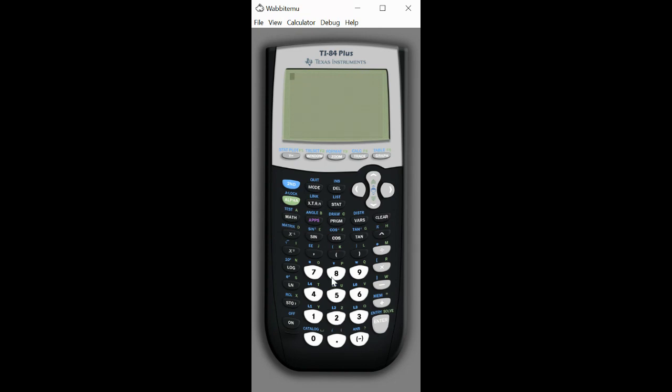All right, number 18. I'm dividing, so I need to put this numerator in parentheses: 2 plus i. The reason I'm doing this on a calculator is that there are no radicals like 15, 16, and 17.